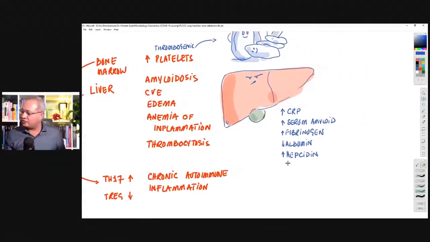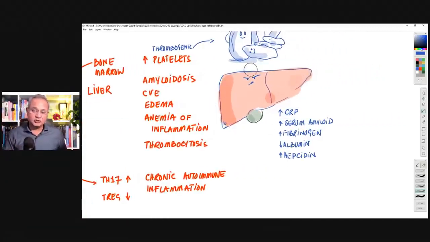When it went to the liver, the liver uses that as a message to say, looks like in our body there is an inflammation, there is a war going on somewhere. I need to respond to that war. And how does the liver respond to that? The liver does something that is part of the innate arm. What it does is it produces certain proteins.